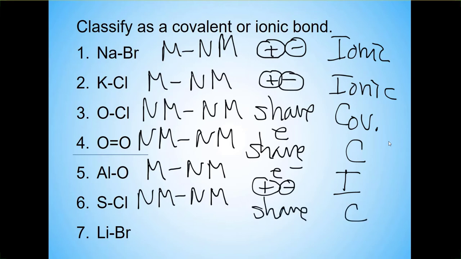This is covalent bonding. And the last one, we have a metal with a nonmetal. So very different in electronegativities. That nonmetal is going to pull more, creating an anion when it strips the electron away from the metal, and this will be ionic bonding. How did you do?